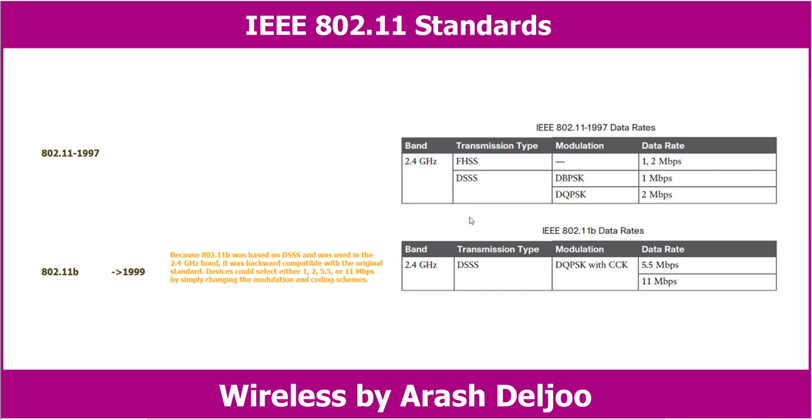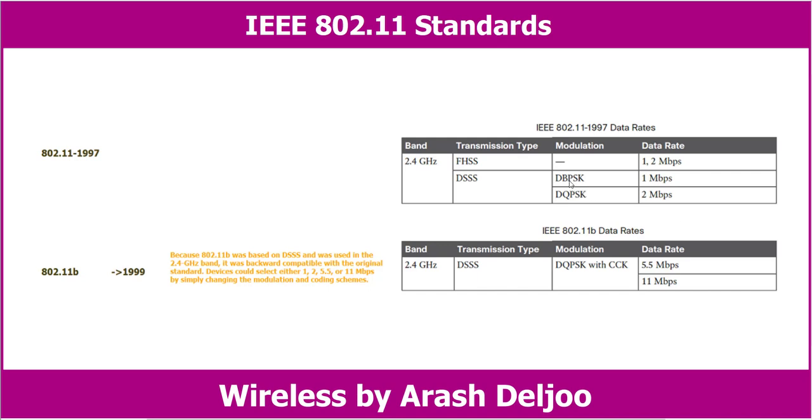I explained them in a previous video, but let me review it. Band 2.4 gigahertz, transmission type FHSS and DSSS, and you know that in FHSS we can reach, for example, a data rate of 1 and 2 megabit per second. With DSSS, with DBPSK, we can reach a data rate of 1 megabit per second, and with DQPSK we can reach 2 megabit per second.